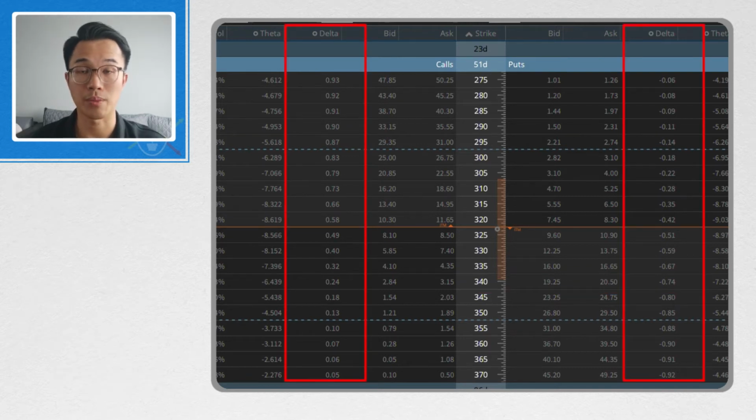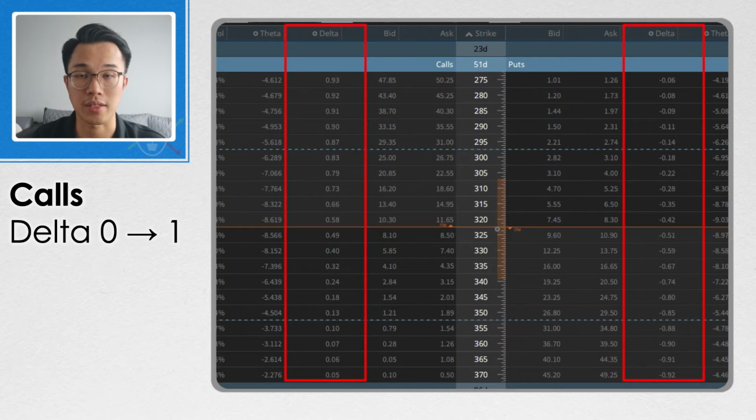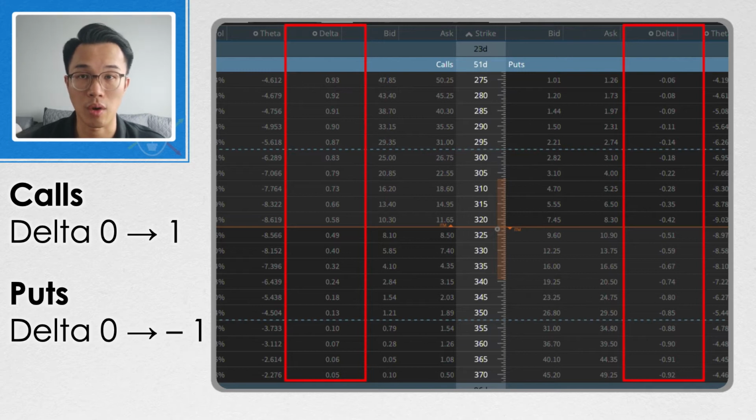What we can also observe is that delta is represented as a number with 2 decimal places, and for call options it is between 0 and 1. For put options, this number will be between 0 and negative 1. So the delta on the call options is positive and delta on put options is negative.